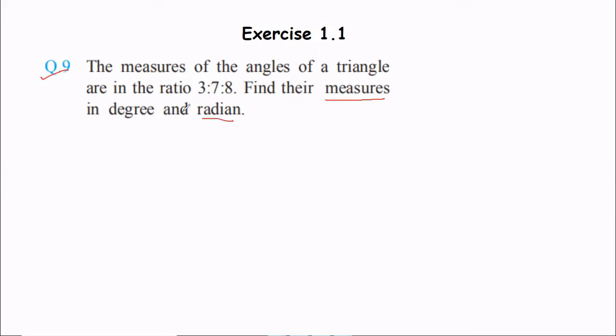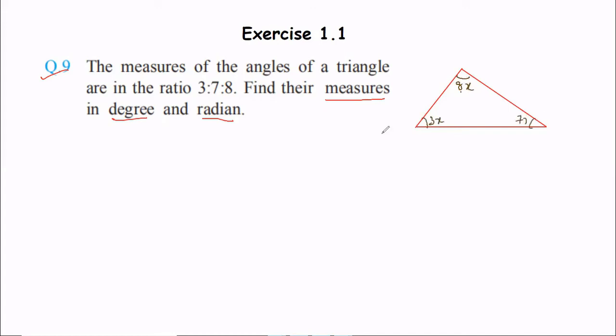Okay, so let's begin. First, let's draw a rough triangle for our reference. That's how the triangle will look. Over here will be 8x, over here will be 3x, and over here will be 7x.